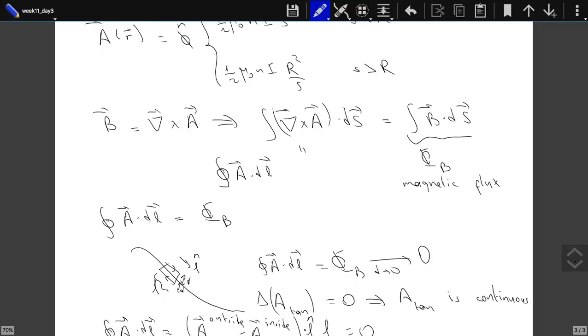Yeah. The parallel components are equal. A can have a vertical component on the surface. They might not be equal to each other. At least just using this argument, I cannot say anything about that.